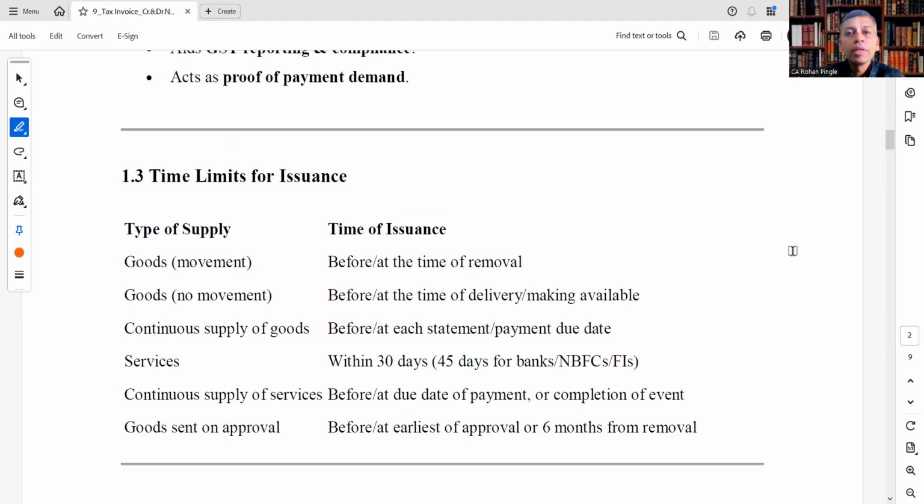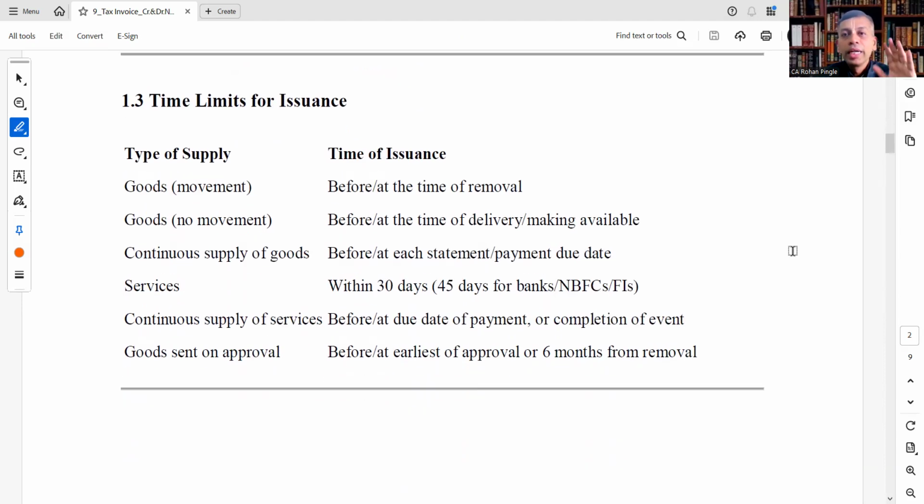Let's see time limits for issuance, by type of supply. For goods, if movement is involved, the tax invoice must be issued before or at the time of removal.